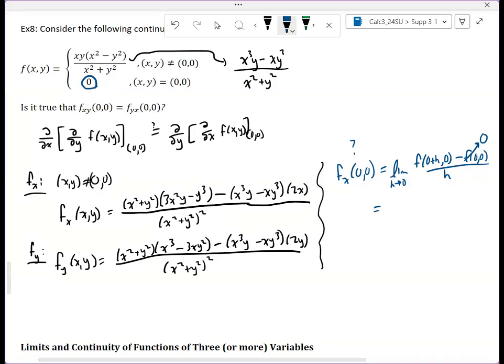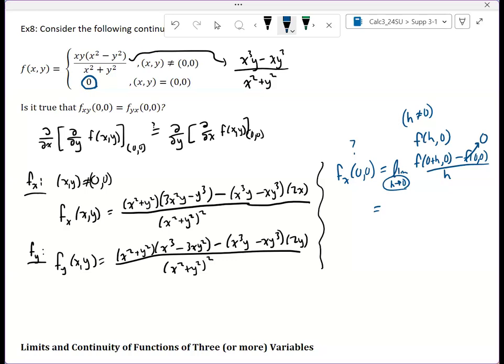So what's f of 0 plus h, comma 0, or just f of h, comma 0? What do I get for f when I plug in y equals 0 and x equals h? And keep in mind, h is not 0 as it's limiting towards 0.